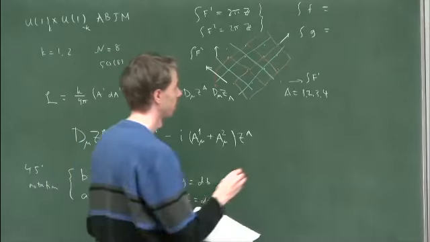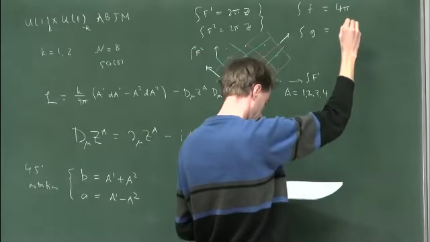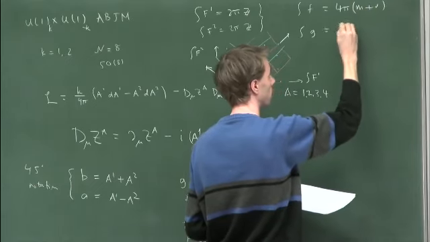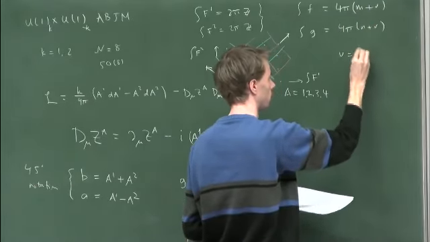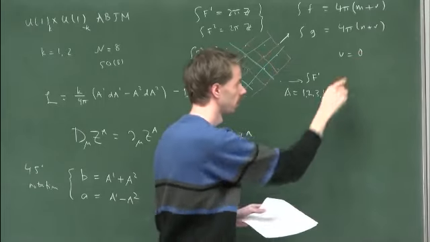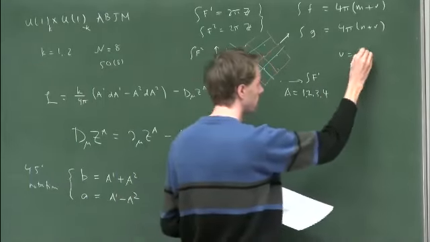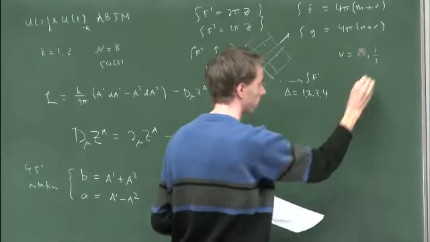So I conclude that the charge quantization condition is 4π(m plus ν) and 4π(n plus ν). ν is either 0 for this lattice and 1/2 for that.